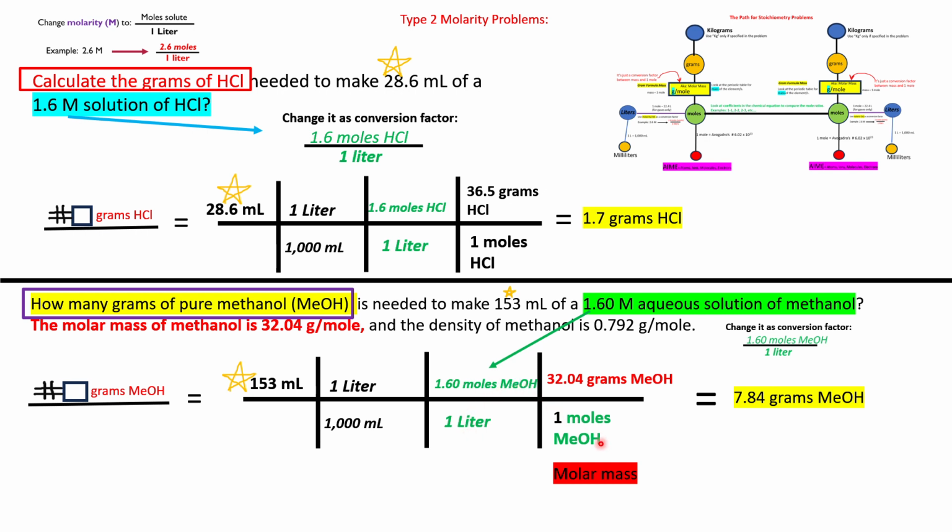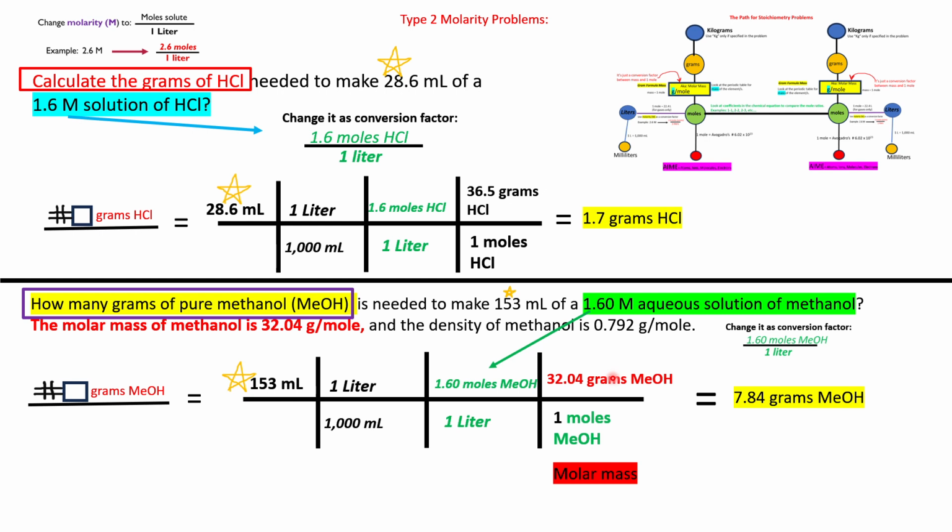Okay. And now I have to match my units going diagonally, moles of methanol. And then there's 32.04 grams of methanol. This information right here is actually given to you right here. Molar mass is this part right here, is this conversion. It allows us to count by weighing. Usually for other products, you have to find it in the periodic table.